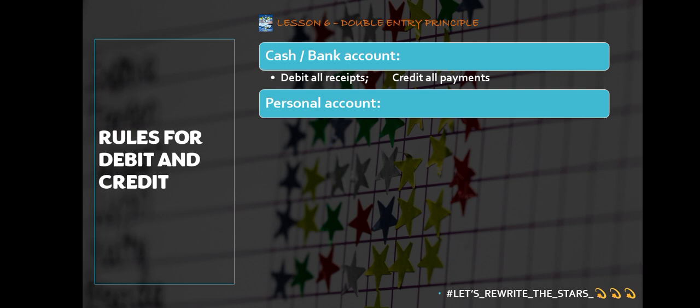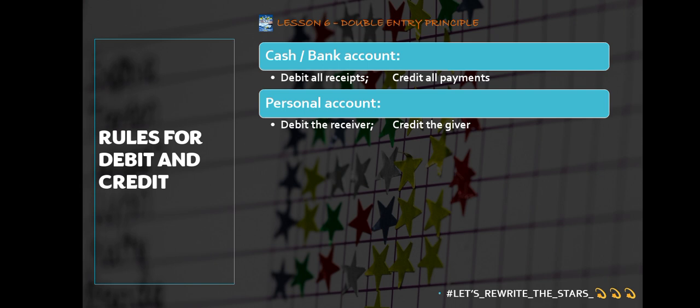And now we move on to personal accounts. When we look through the transaction and realize that the account within it is a personal account, this is how we are going to treat the double entry. If it is a personal account, we are going to debit the receiver and credit the giver.